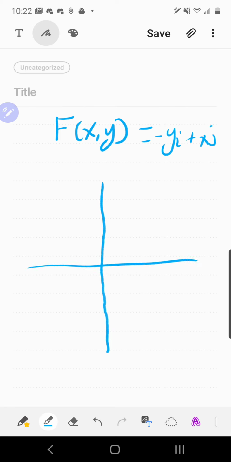Okay, let's look at the answer choices really quick. All right, so our y is a negative term and our x is a positive term.